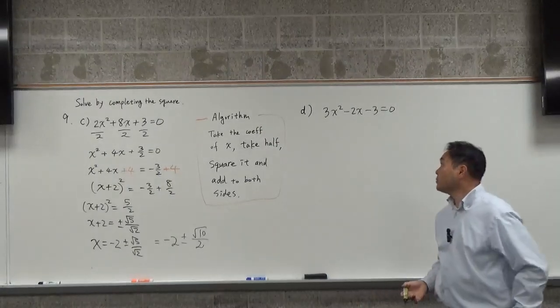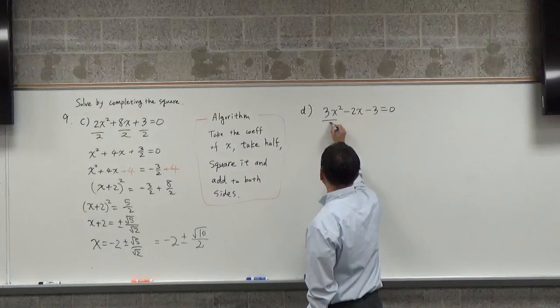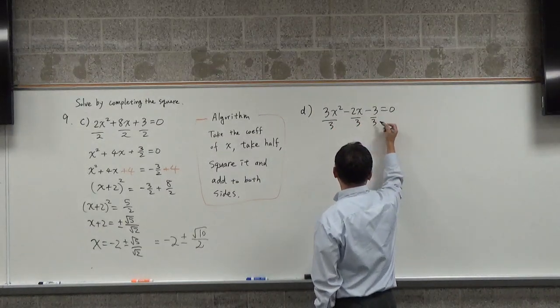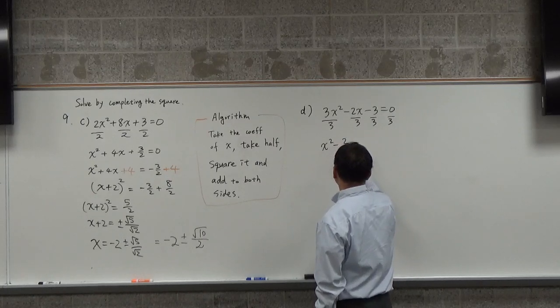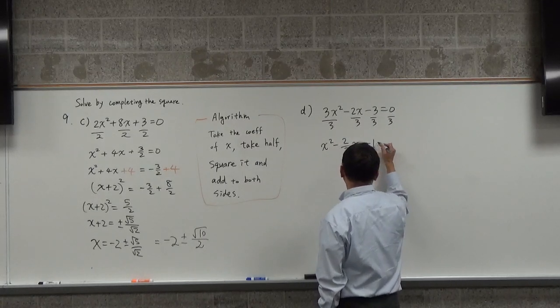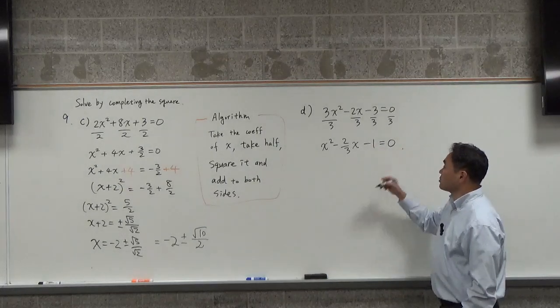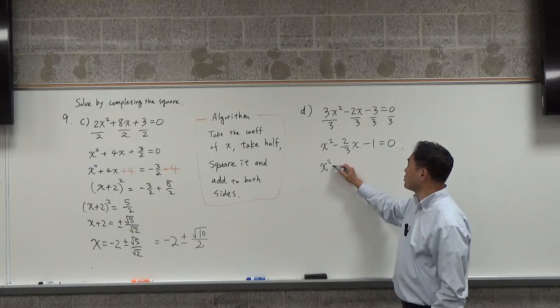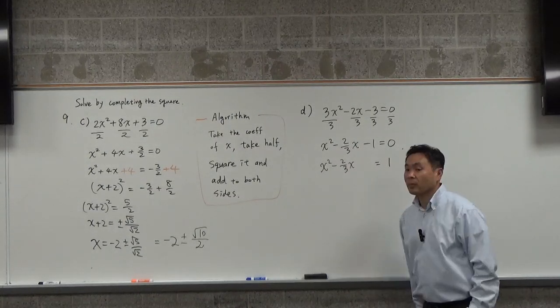Okay, same idea. You want to divide everything by 3 so that you get x squared minus 2/3 x minus 1 equals 0. Move the 1 to the other side, so you get x squared minus 2/3 x equals 1.